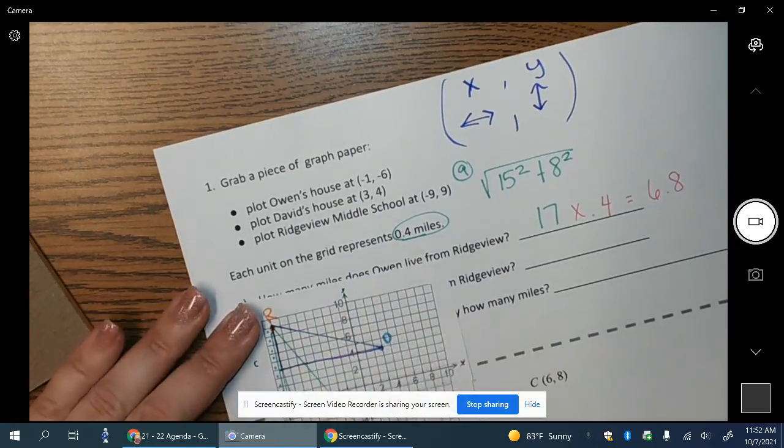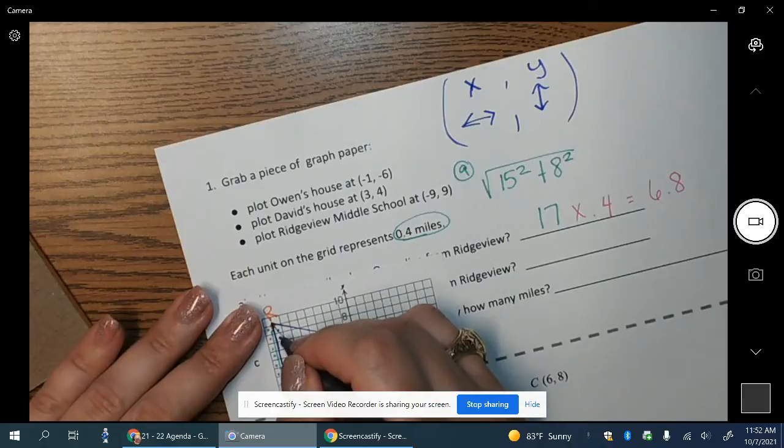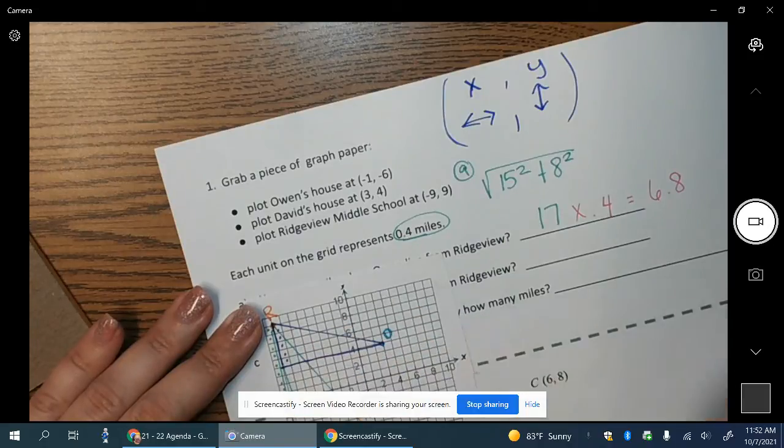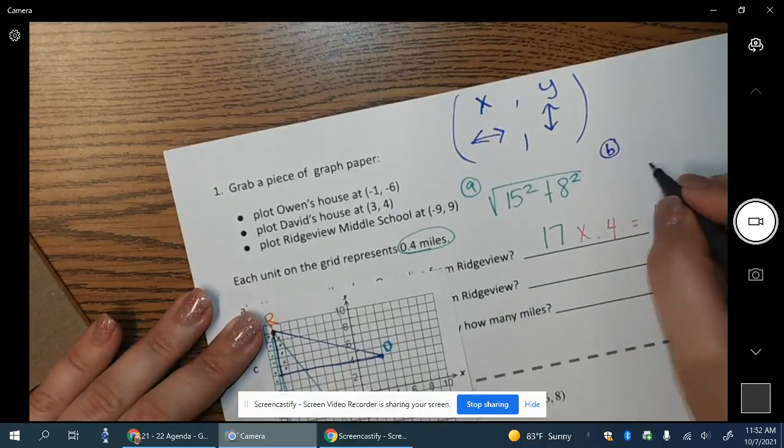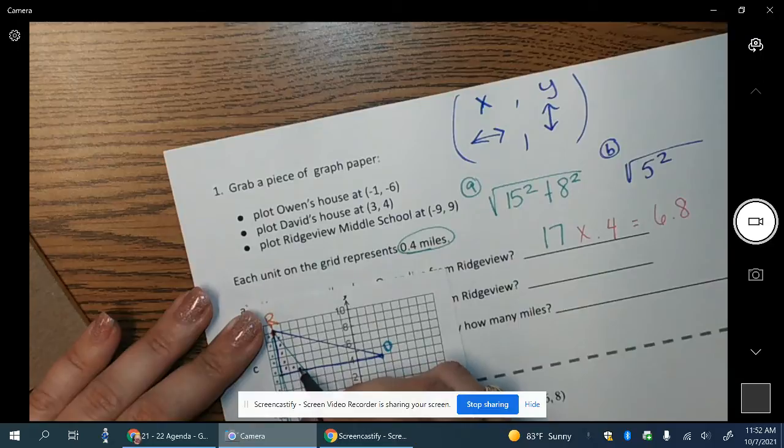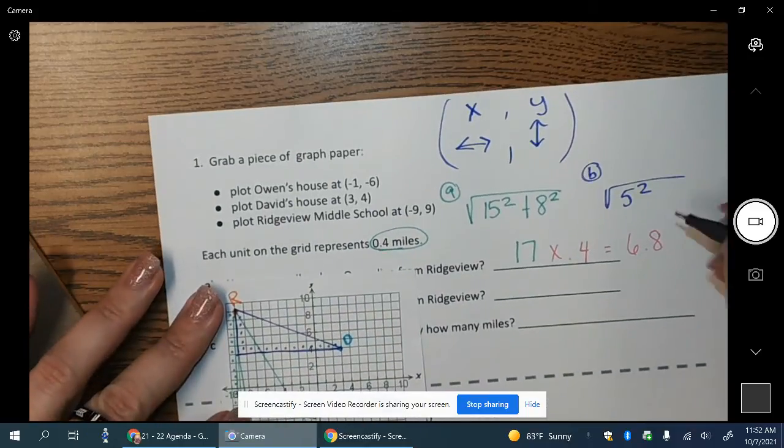Okay, how far up is the line? 5. So 5 squared. Okay, how far over? I heard 11 and I heard 12. What'd y'all get? 12.